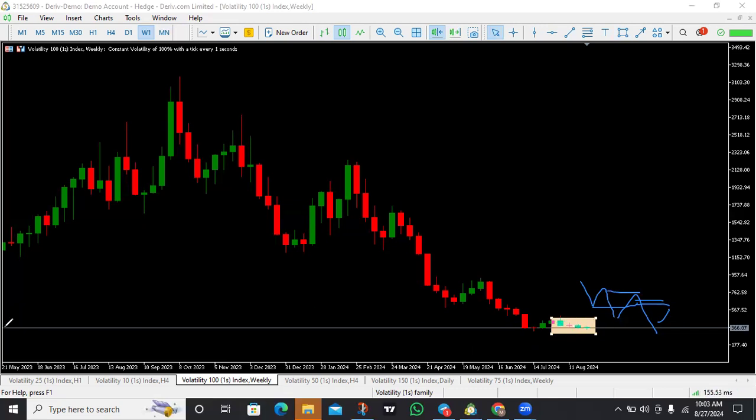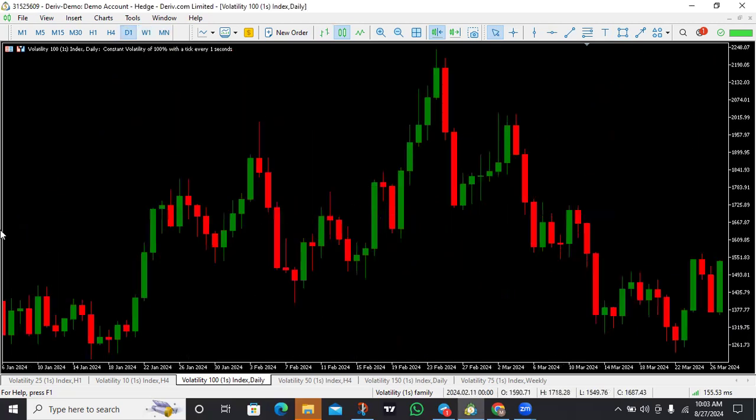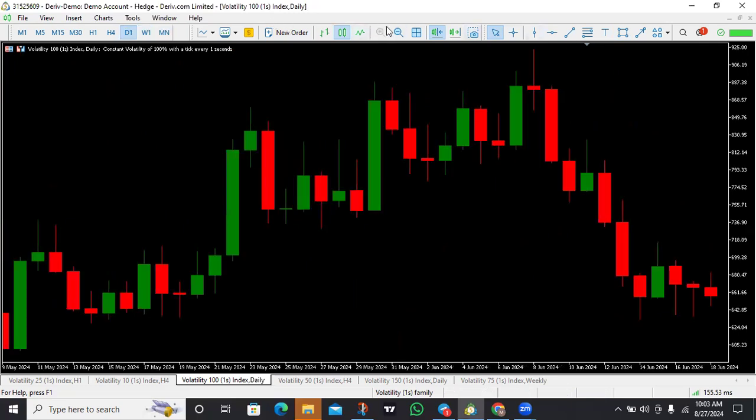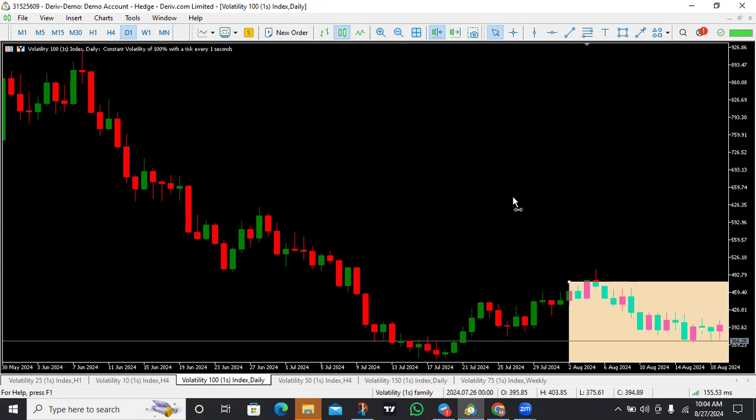So we'll now go down to the daily time frame. Let me minimize. So now on the daily time frame, you see it is that same momentum before this market started selling.